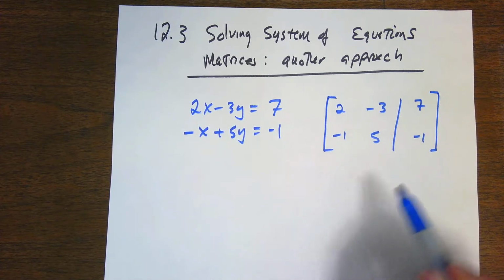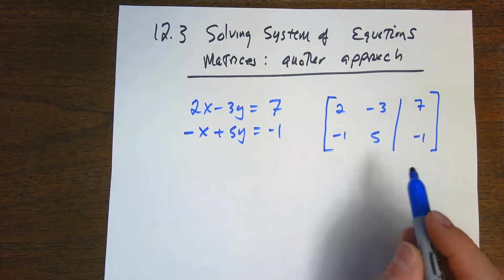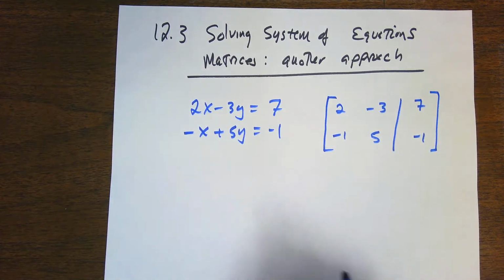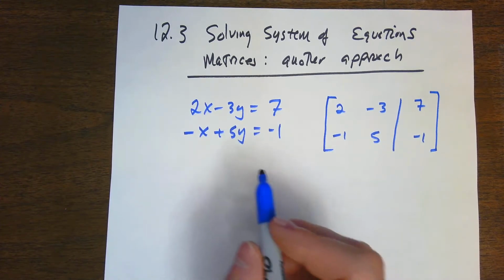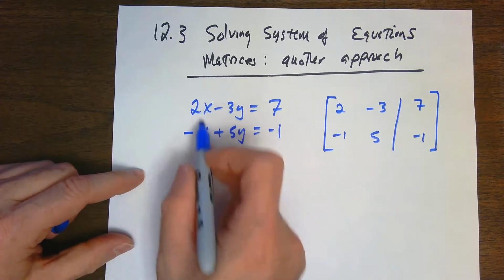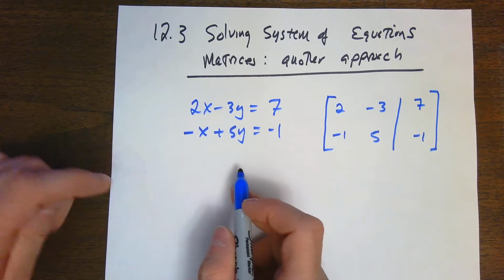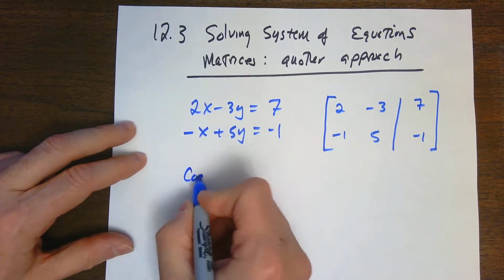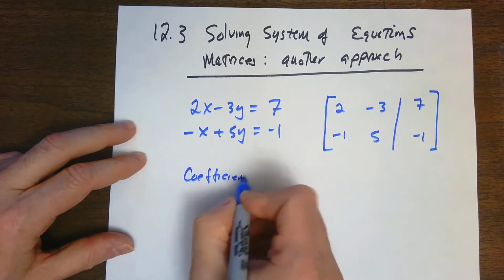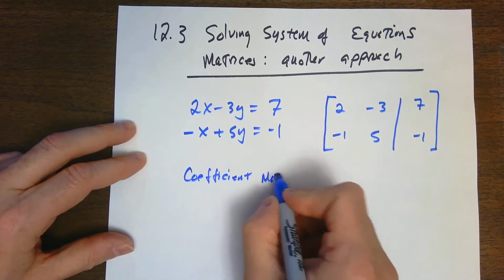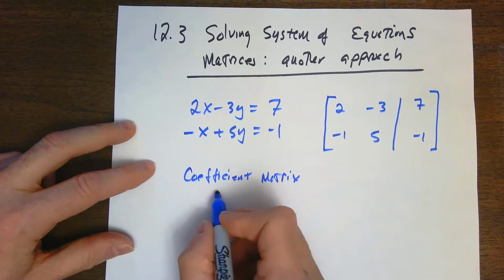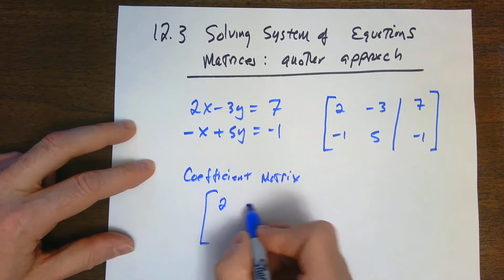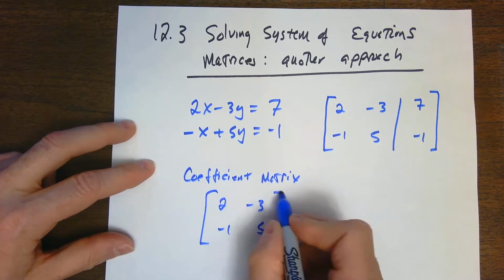Well, we're going to do something a little bit different here. We're just going to look at the matrix formed by just the coefficients. This is the coefficient matrix, a nice, well-behaved square matrix: 2, negative 3, negative 1, and 5.